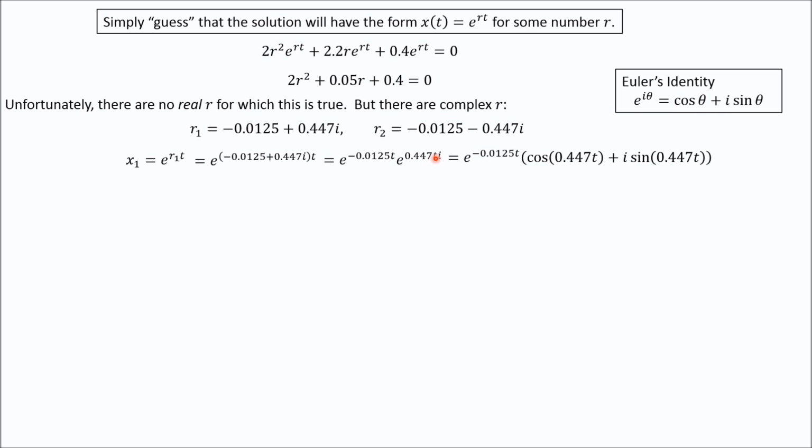So let theta equal 0.447t in Euler's identity, and you get all this. So again, we started here. We split the exponent apart into this real part and this imaginary part. The real part we left alone, and for the imaginary part we applied Euler's identity, which is this.